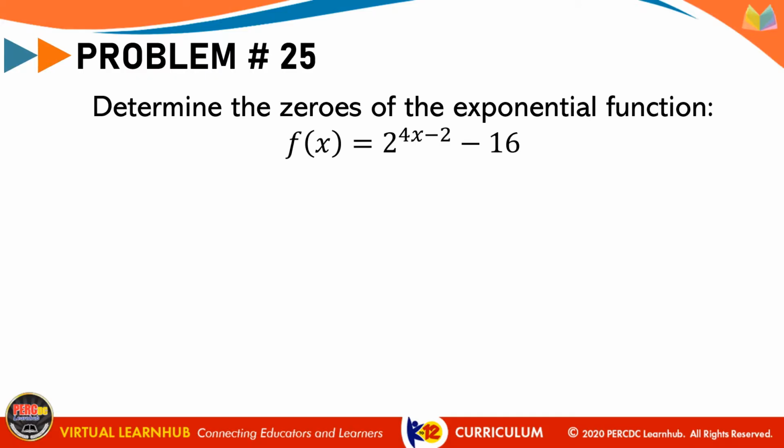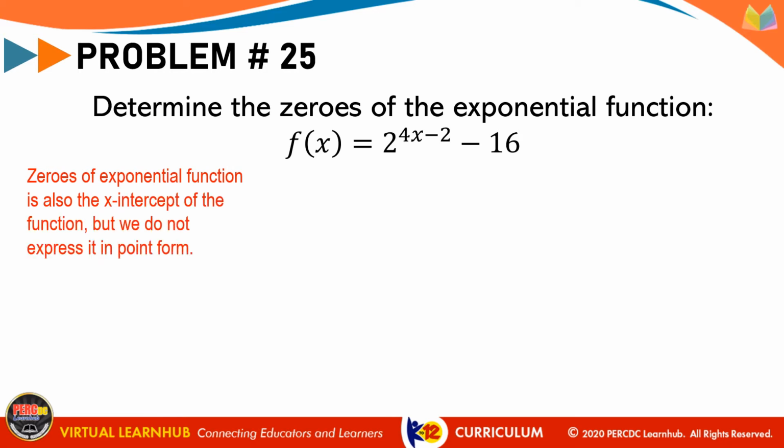For problem number 25, determine the zeros of the exponential function f of x equals 2 raised to 4x minus 2, minus 16. The zeros of an exponential function is similar to the x-intercept, but we do not express it in point form. Instead, we will just get the x value.